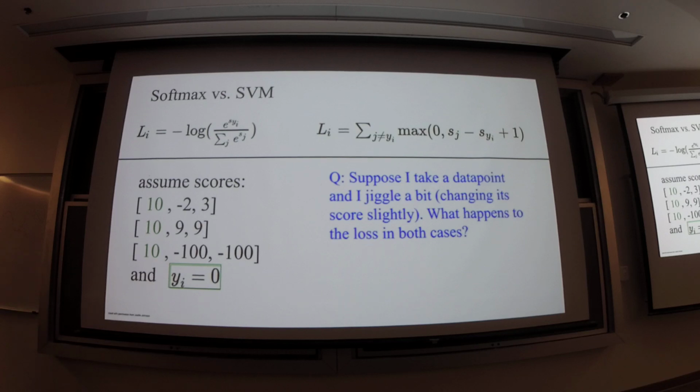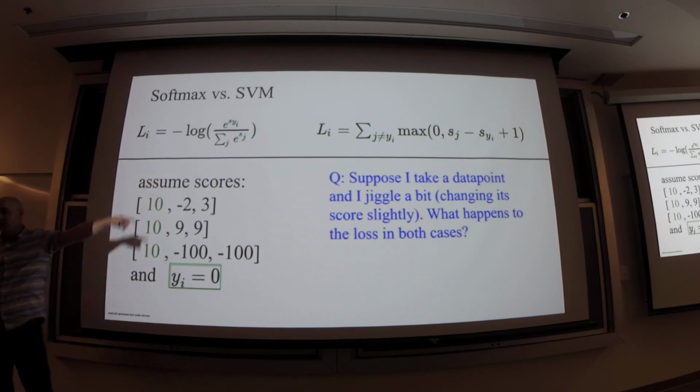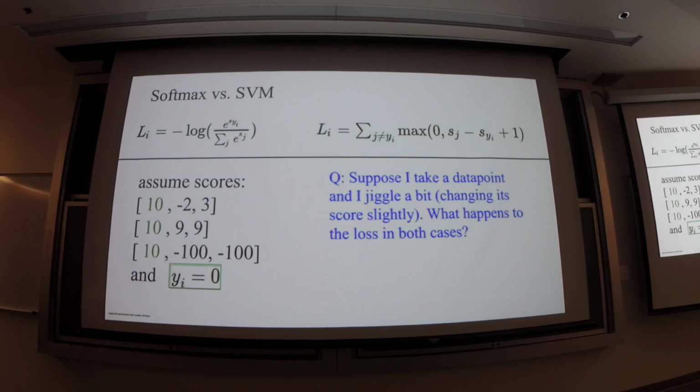It might be much smaller than other losses, but it's going to contribute something. And when we do gradient descent, all of the data points are going to give us some signal on which we can walk along the gradient, which is what we're going to get to next. But that's not the case for the SVM. There are certain data points that won't contribute anything to the loss, including no gradient. That matters when we're doing optimization, and that's one of the reasons why we actually use softmax, because we need a lot of signal to do the gradient descent.